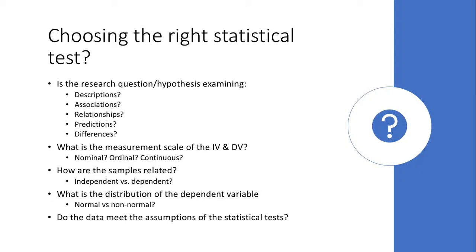These terms are very important as you read the literature because they're going to help you in your appraisal process. You also need to ask, what is the measurement scale of the independent and dependent variables? Are they nominal, ordinal, or continuous? How are the samples related? Are the samples independent or dependent?